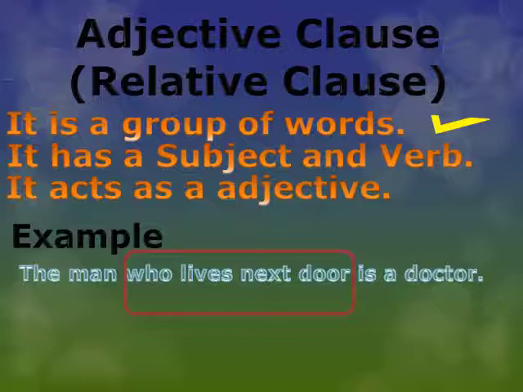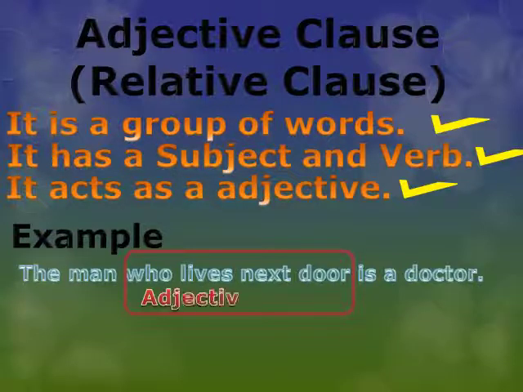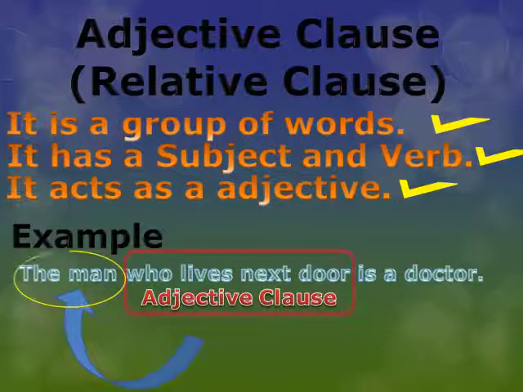"Who" is a pronoun, we can say relative pronoun, and then "lives" is a verb, and it is acting as an adjective. Now, how is it acting as an adjective? It is acting as an adjective for the man, who is the noun over here.